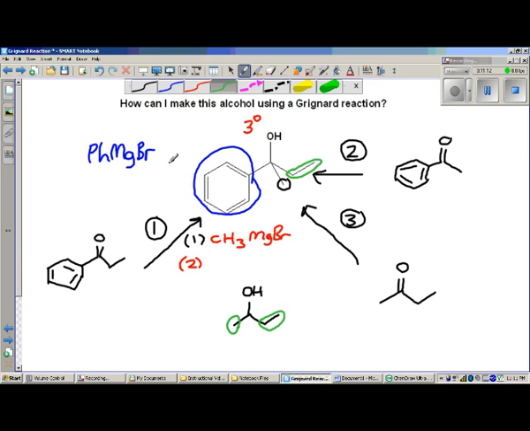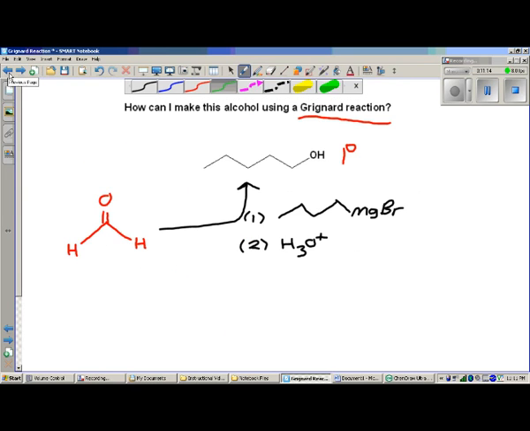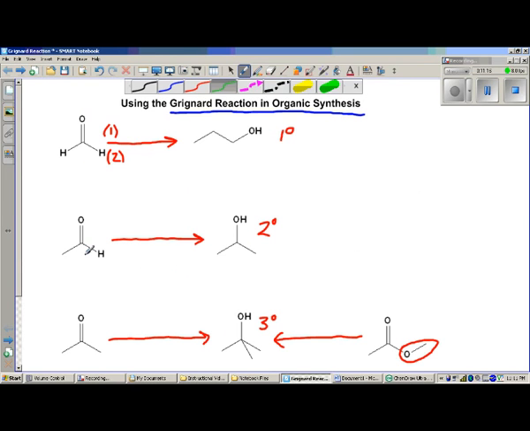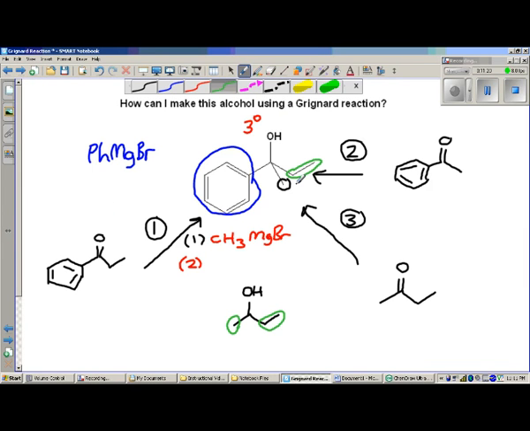Okay, remember, because this is a secondary alcohol, you would start from an aldehyde. Okay. So the more complicated the alcohol, the more potential routes there are. Okay. So that, in essence, is how you use the Grignard reaction in organic synthesis to make an alcohol.